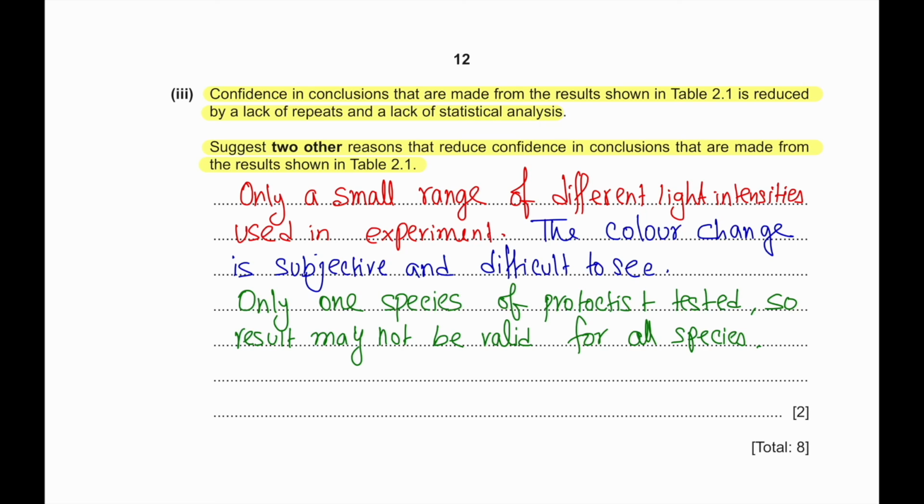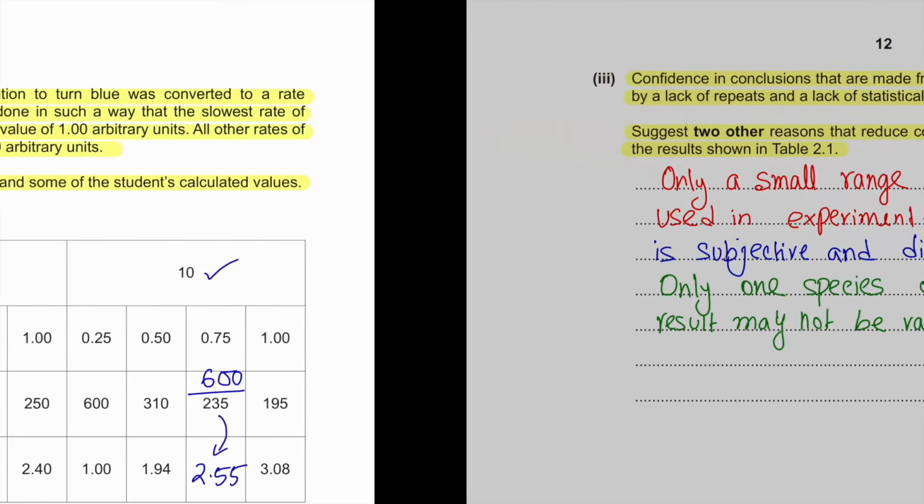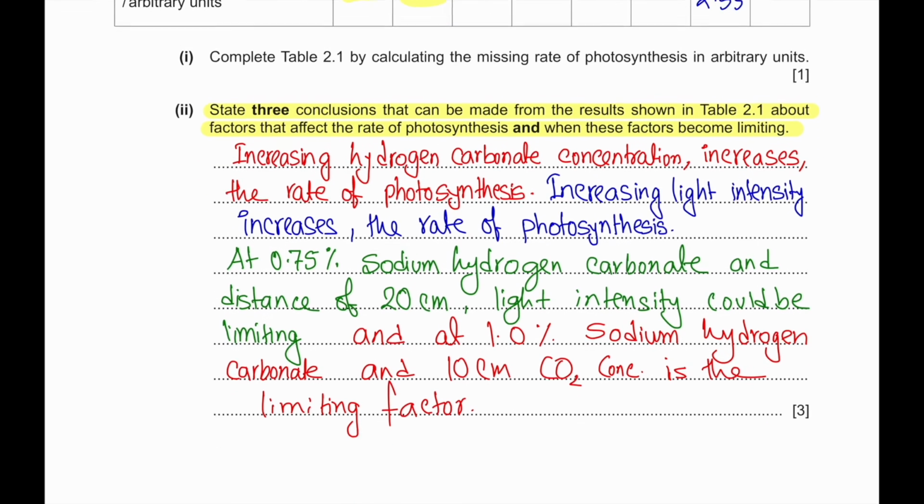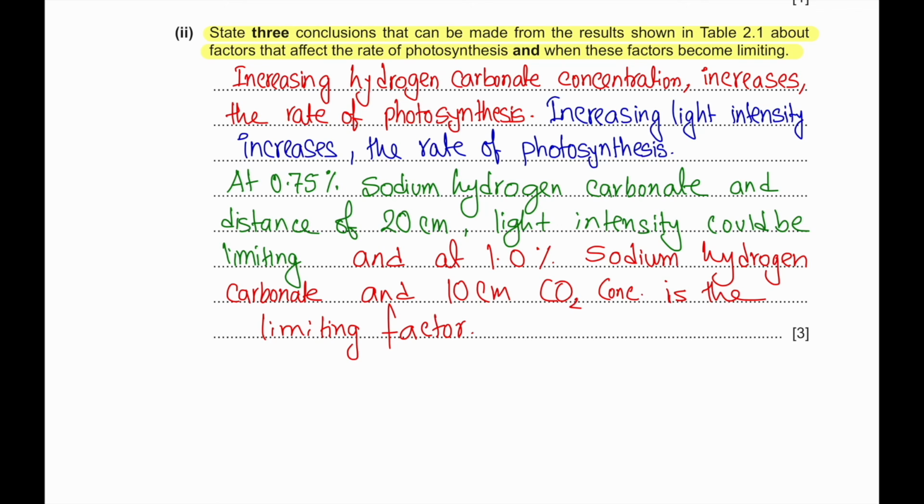So let's look into the conclusions. The conclusions were increasing hydrogen carbonate concentration increases the rate of photosynthesis.